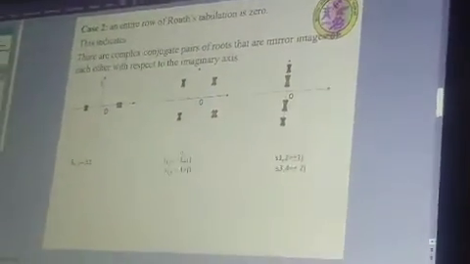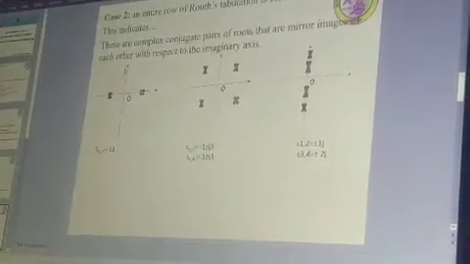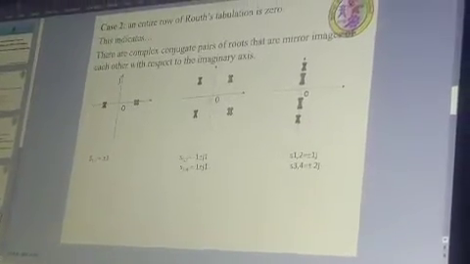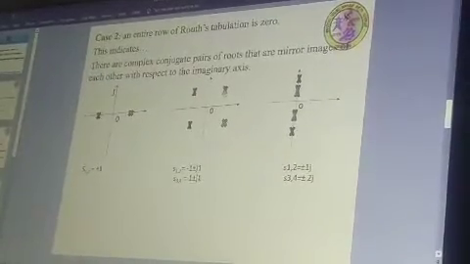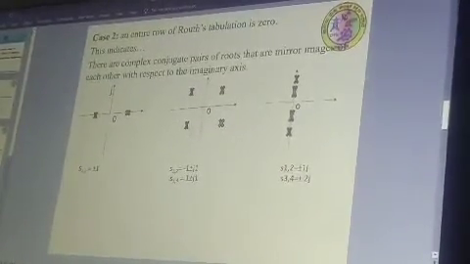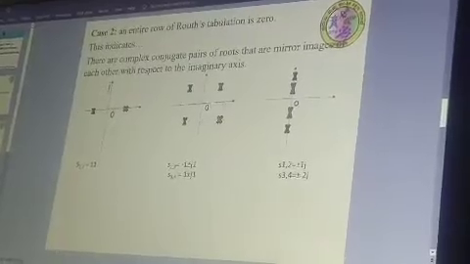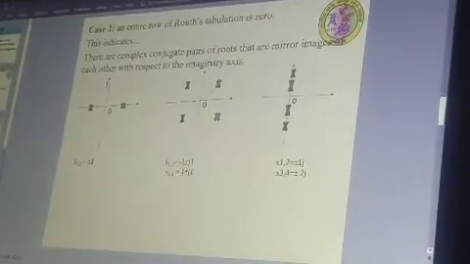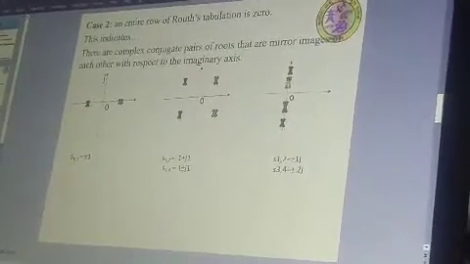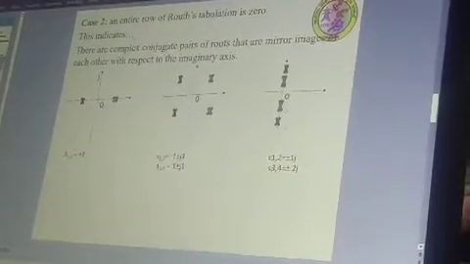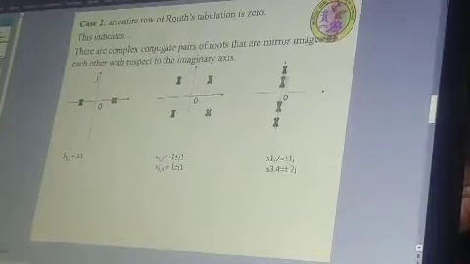Similarly, s1,2 is equal to minus 1 plus or minus j1, or plus 1 plus or minus j1. These are mirror images of each other. Or plus or minus j1, or another one is plus or minus j2.